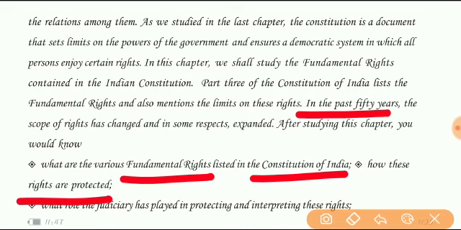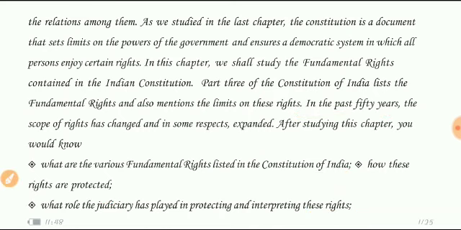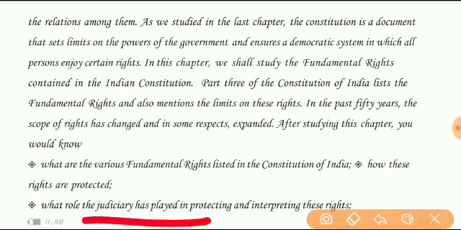In Class 10th, Chapter 1 of Political Science, Power Sharing, I told you that the Supreme Court is the guardian of your fundamental rights, and as and when the rights are violated by anyone, either by the government or by any citizen, you can go directly to the Supreme Court and get your rights from there. So here we are going to tell you how these rights are protected, and what role the judiciary has played in protecting and interpreting these rights.